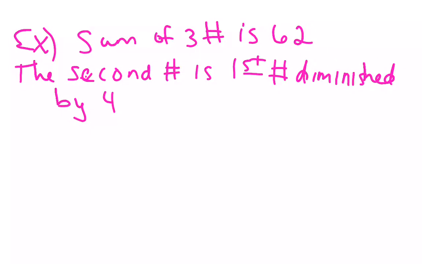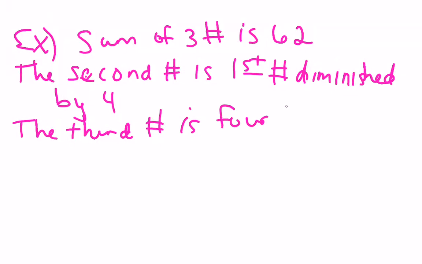Then it says the third number is 4 times the first number. What are the numbers?